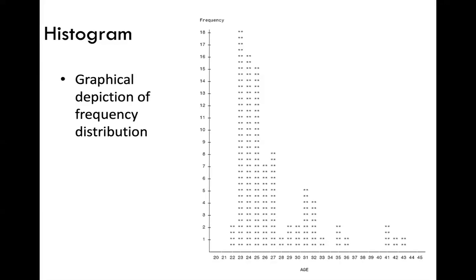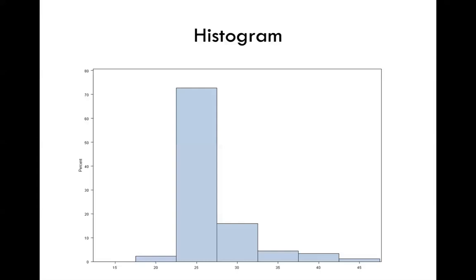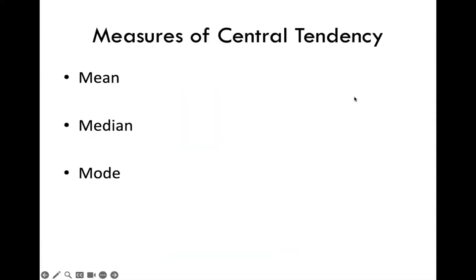Plotting it will often give us very useful information about the distribution of these data. This is called a histogram, or sometimes they're called bar charts. You've seen them before. This is a histogram that Microsoft Excel will give you. So it's the same data, just plotted a little bit differently.